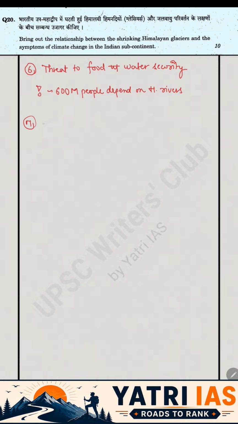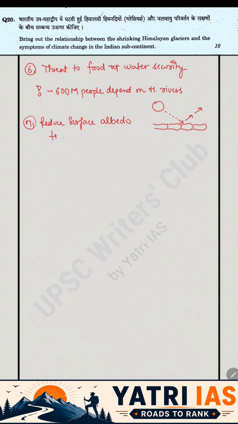Then you would mention reduced surface albedo. You know, the snow over the surface acts as a reflector. When the rays from the sun strike the surface, snow reflects them back and maintains the heat.